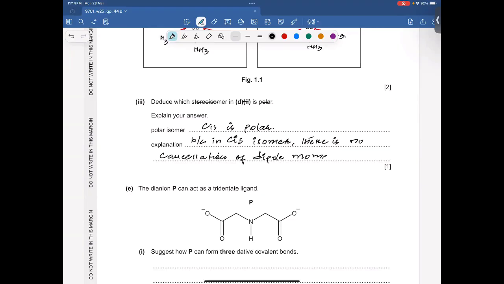Or we can write, because in the cis isomer, there will be a net dipole.